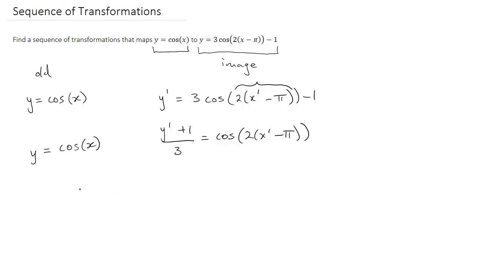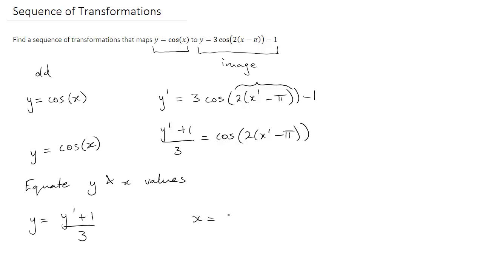So now we can equate y and x values together. So we take this y value here and we equate it to the image. So y is equal to y dash plus 1 over 3, and we do the same thing with the x value.